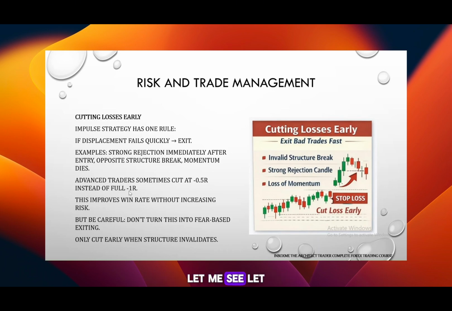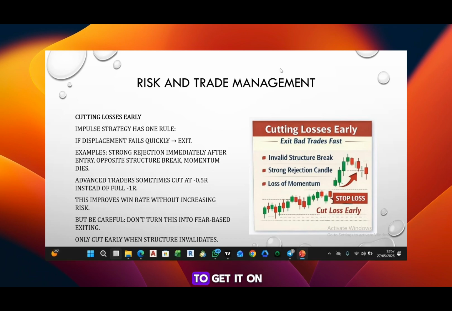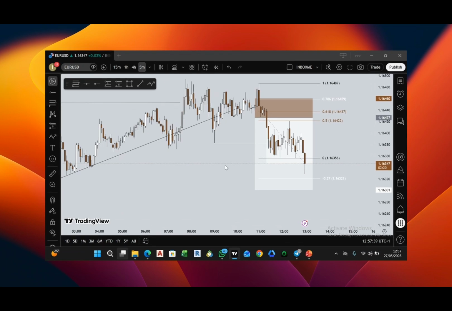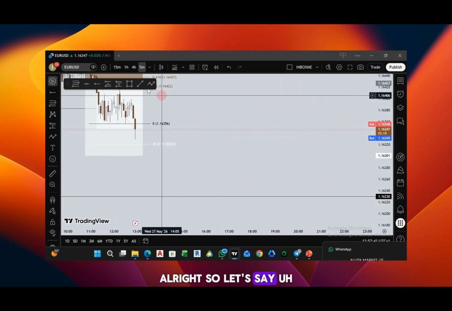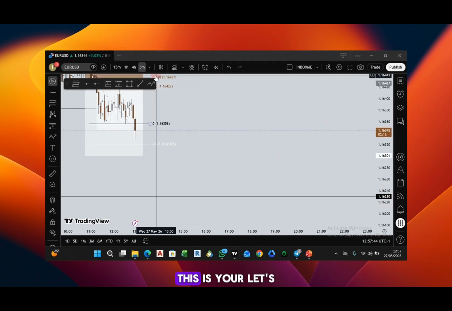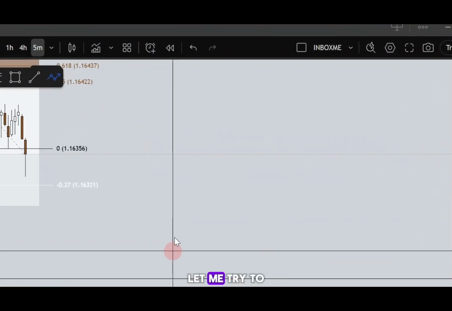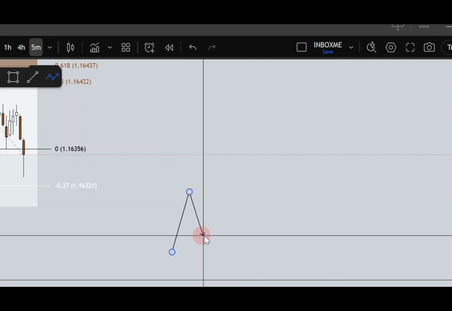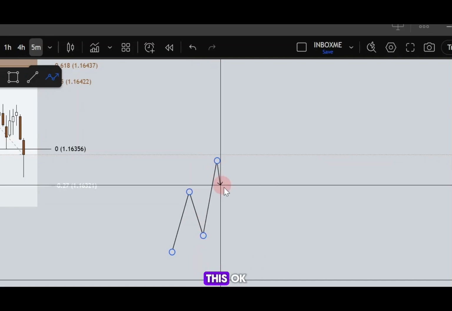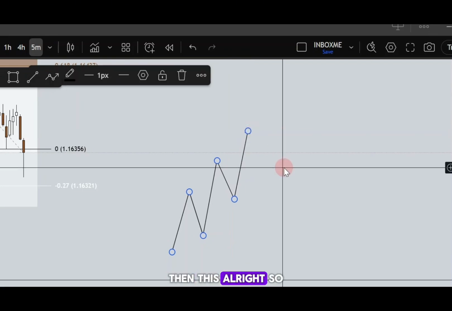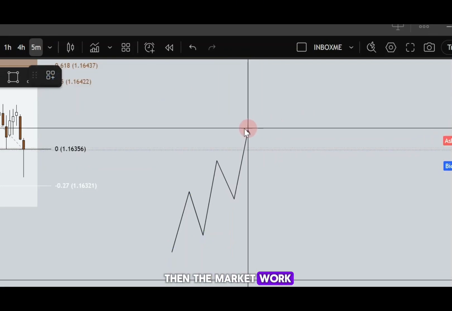Let me try to get it on. So let's say this is your entry, let's say you are buying the market. Then the market comes like this.